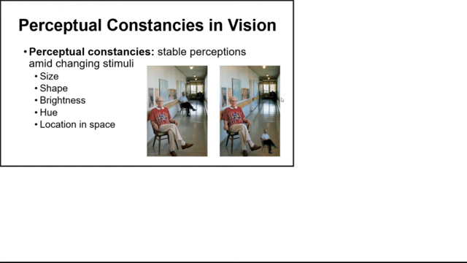So I don't assume that I have some magical color-changing shirt. We just assume that the environment, the light sources, are changing. So we assume constancy in shape or in color and brightness, and it's just the other aspects that are changing. And then the last one is location in space.